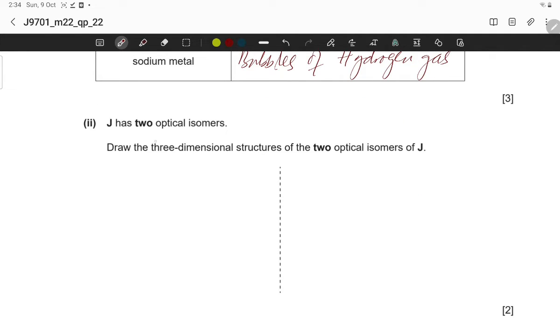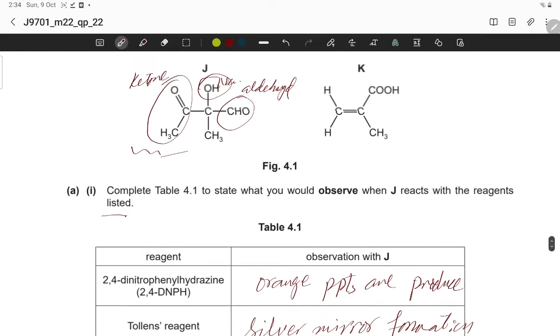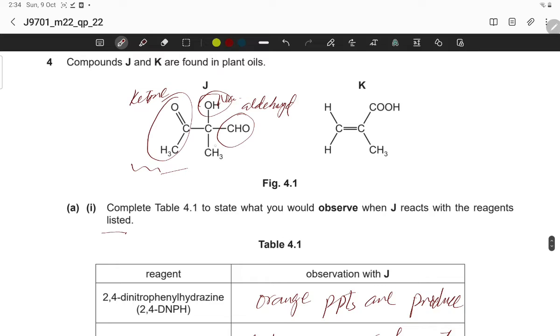J has two optical isomers. Draw the three-dimensional structure of the two optical isomers of J. Optical isomers have four different groups attached to a carbon atom, so this is a chiral carbon.